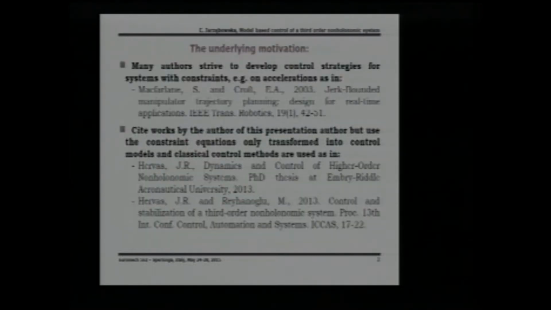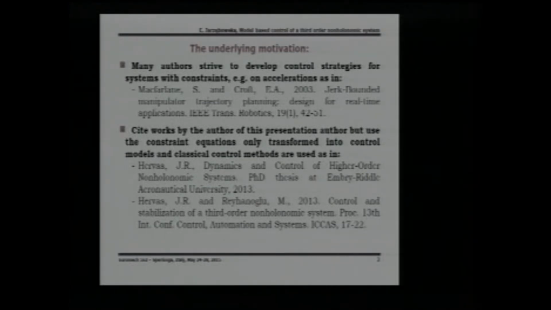So what's the underlying motivation? I'm really happy that it's in the same line as we heard in the morning during the introduction. The motivations are threefold. First, other researchers strive to develop control strategies for systems with constraints, for example, on accelerations.